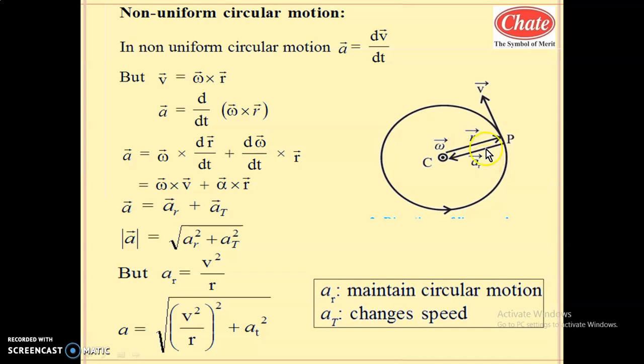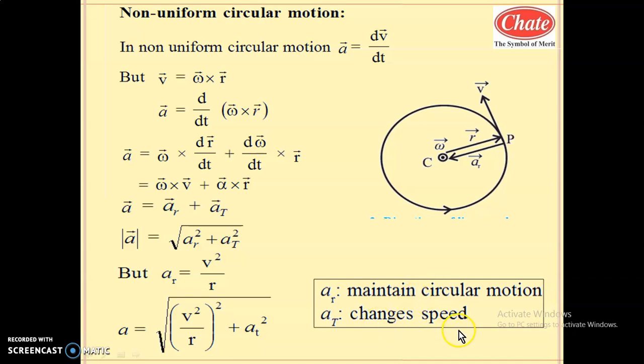If this is 0, then the particle no longer performs circular motion. If radial acceleration is 0 or radial force is 0, then circular motion about that center will not be maintained, and the particle no longer performs circular motion.